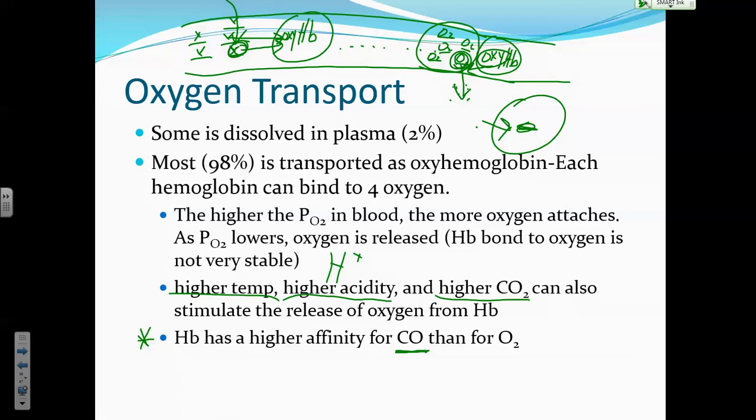But if somebody has carbon monoxide poisoning, they'll treat that by administering a tank of pure oxygen. That massive influx of oxygen, because of the extreme difference in partial pressures, not just a little difference, a big difference, makes more oxygen move in, and so hopefully that'll flush off the carbon monoxide. It doesn't always work. It just depends on how severely affected the person is, how much carbon monoxide they took in.